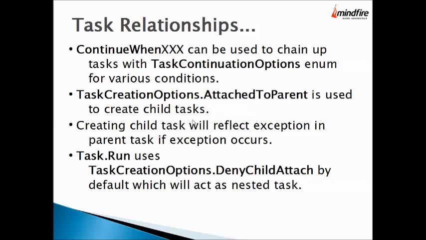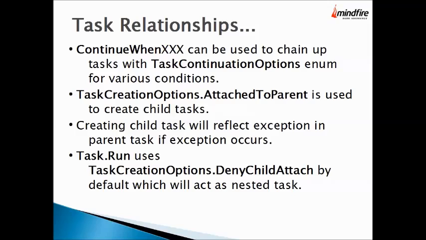Okay. We have continue with. Have you seen the continue option at the task level? Continue with any and all. But when all is a different thing. When all would be done, then only continue.